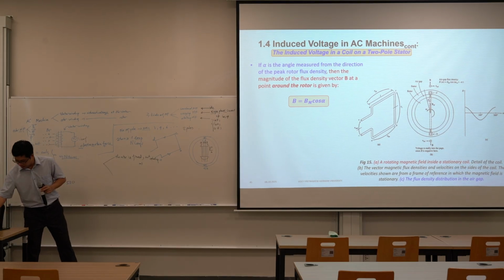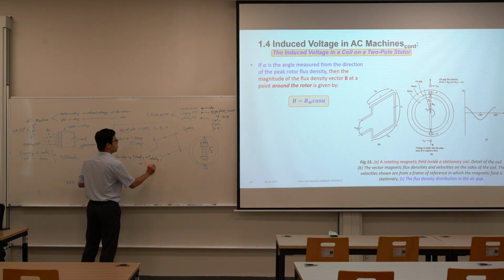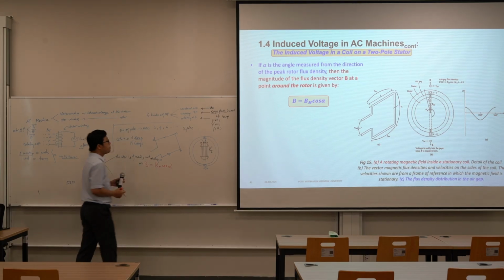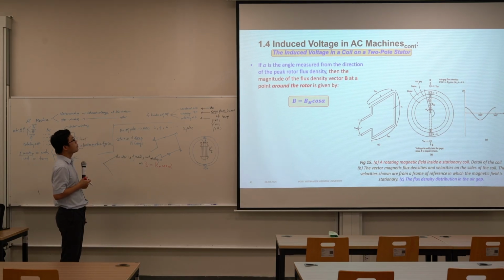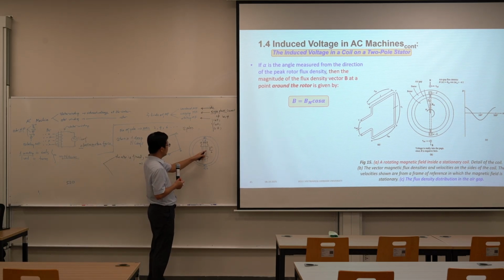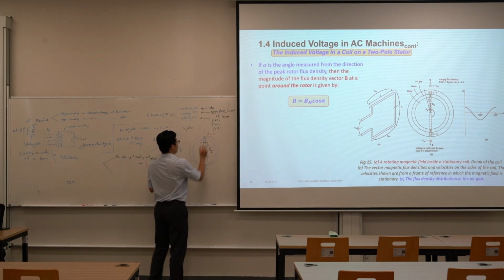BR is BM cosine alpha. So at the beginning, if the rotor position is in the same line with the stator, you get alpha equal to zero.